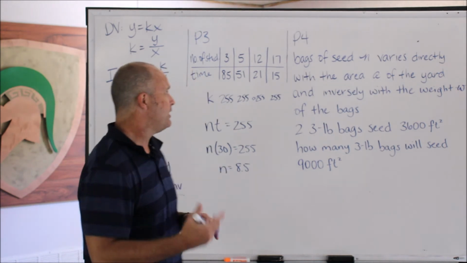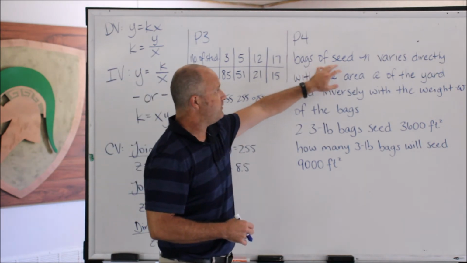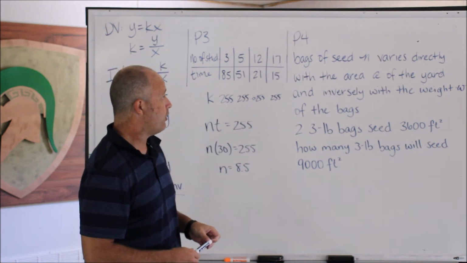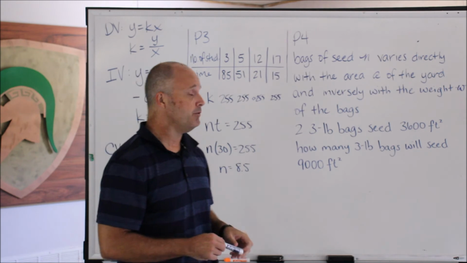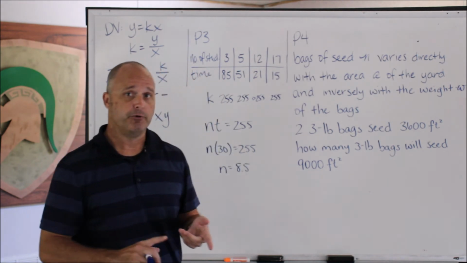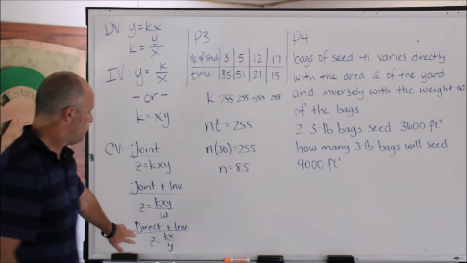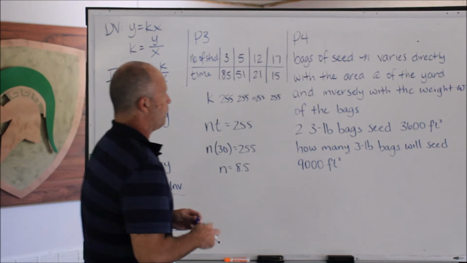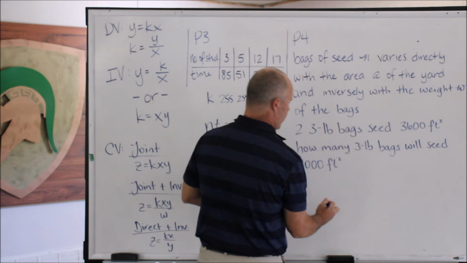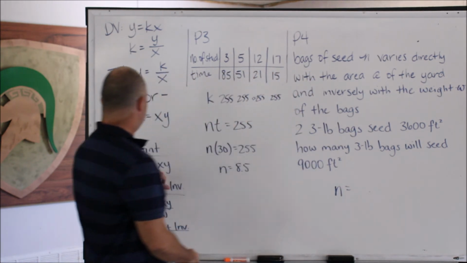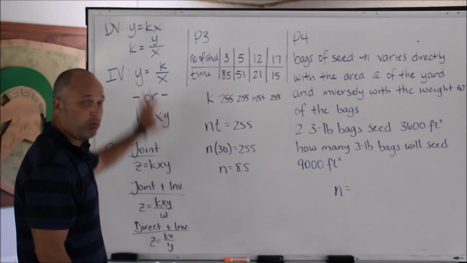The information that we're given is that bags of seed N varies directly with the area A of the yard and inversely with the weight W of the bags. So we have both direct variation and inverse variation. It's going to look like this down here. We're going to start with the bags of seed N. So N equals, and then we always need our constant of variation no matter what we're doing.